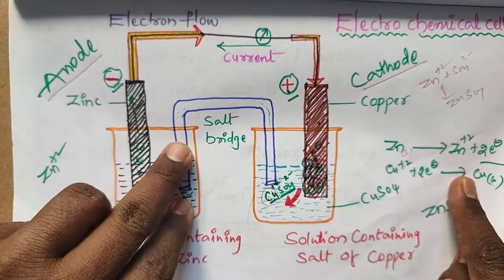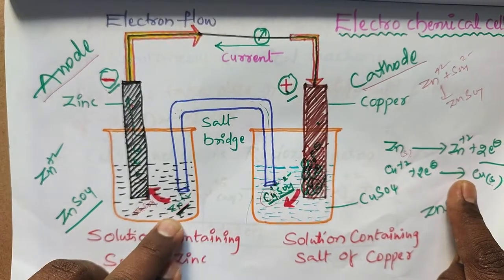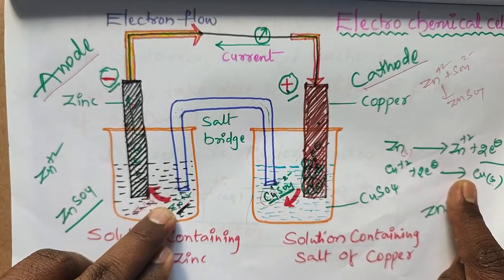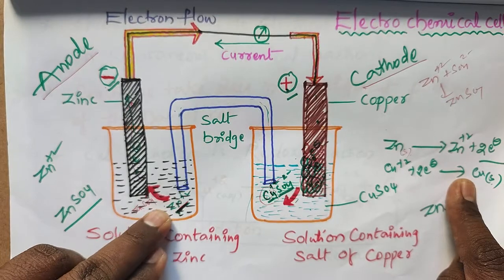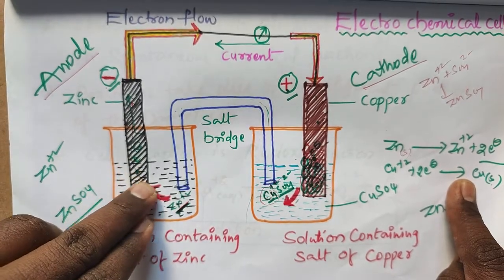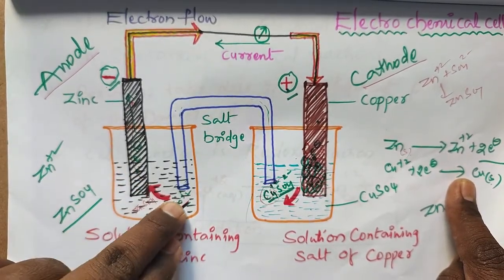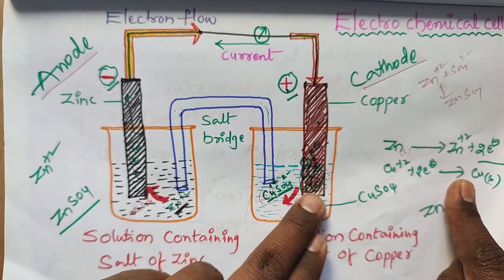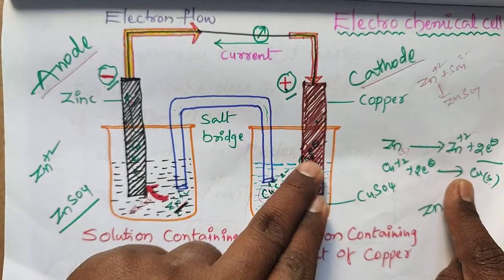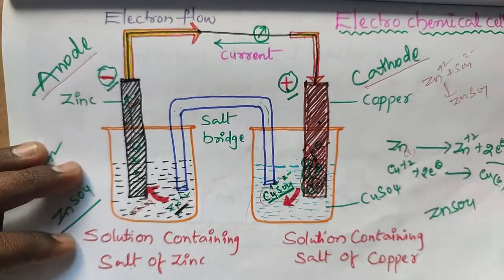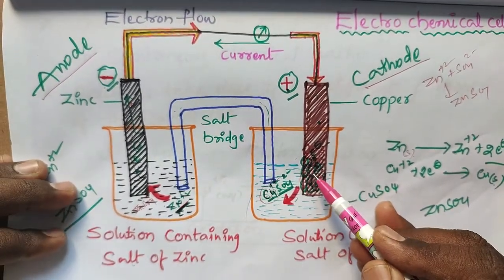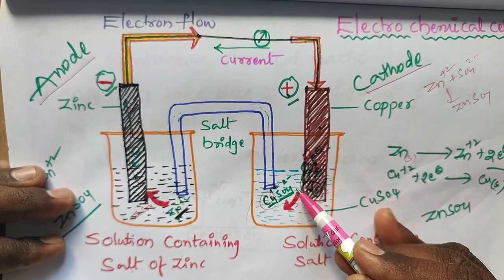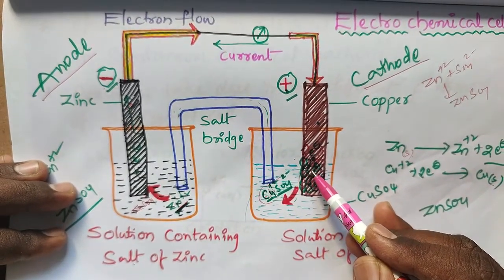We observe this in the galvanic cell. The Zn2+ ion concentration increases because zinc is liberated in the formation of Zn2+. In the other half, Cu2+ is converted to Cu, which deposits on the surface of the electrode as Cu solid.